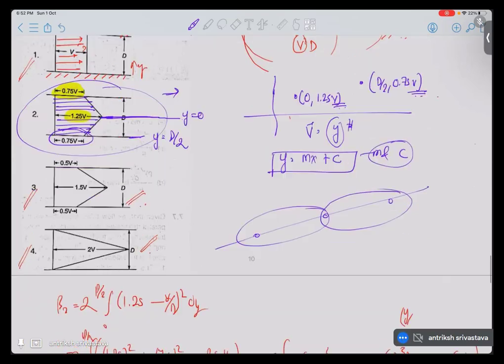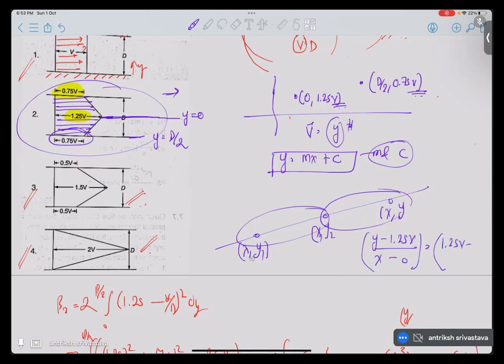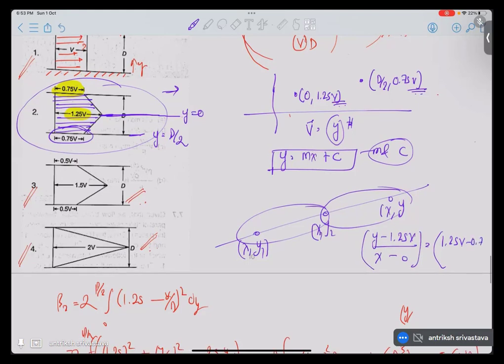So y2, y1, and let's say this is y, and this is x, x2, x1. So y minus y2, 1.25 v, by x minus x2, that is 0, is going to be equal to y2 minus y1 divided by x2 minus x1.